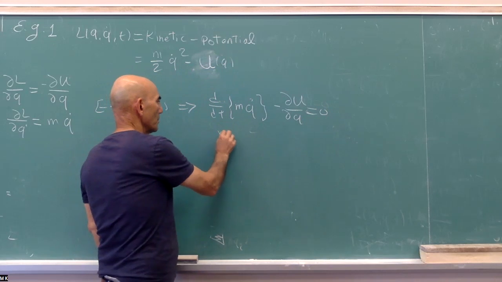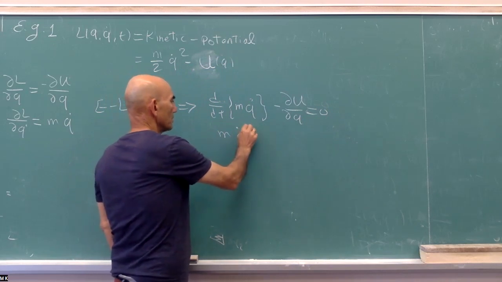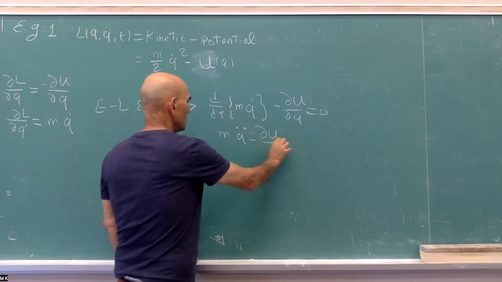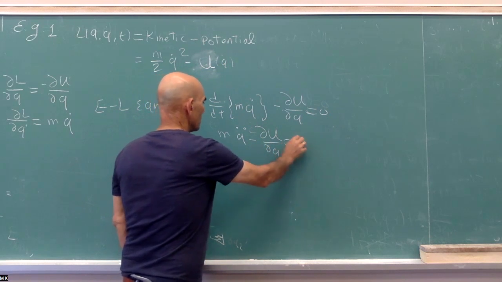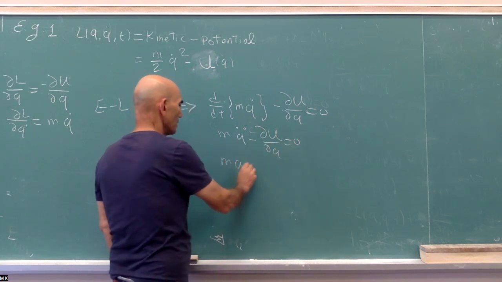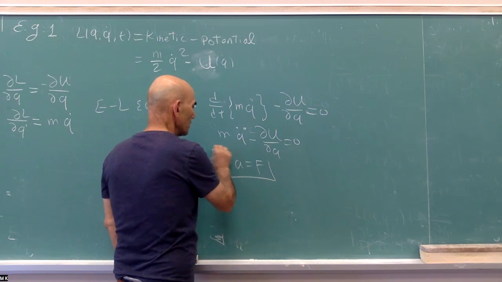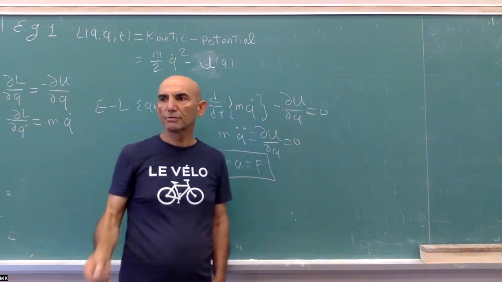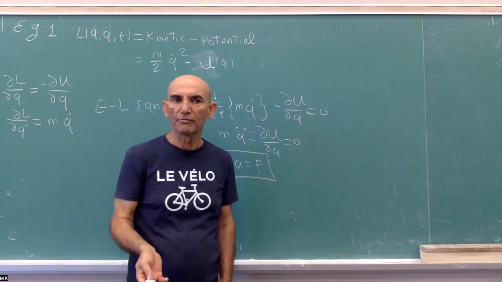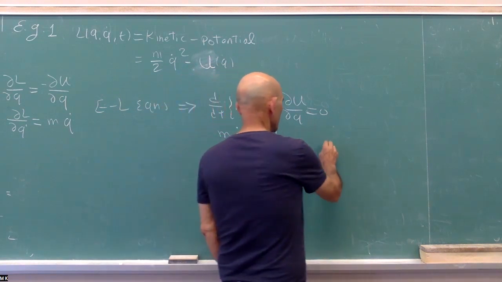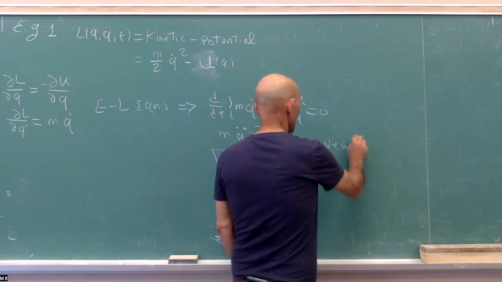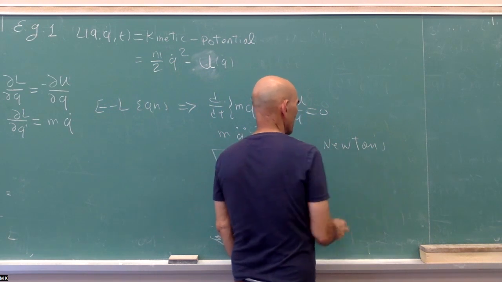But this is m q double dot plus dU/dq equal to 0, and this is ma equal to F. So this is nothing but Newton's equations for a conservative force, Newton's equation that we met in the last lecture.